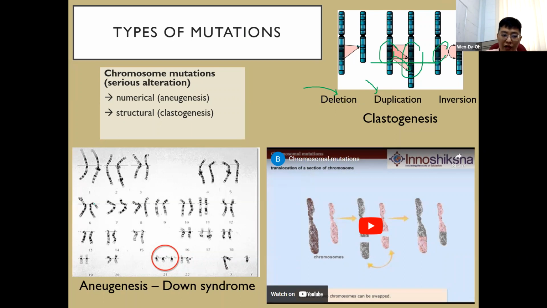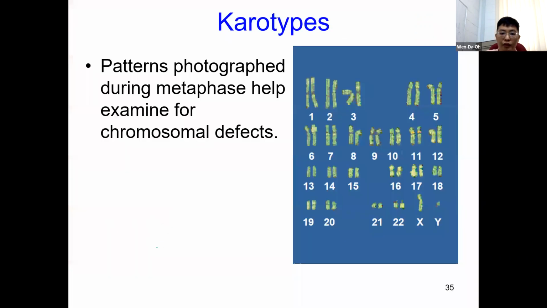So if you have Down syndrome, of course, you have an additional chromosome. This is a karyotype, which helps us to examine your chromosomes, to see whether it is 46 or not. If you look at this, you can see that you have X, you have Y. So this is a male. If you have both X, that's a female.